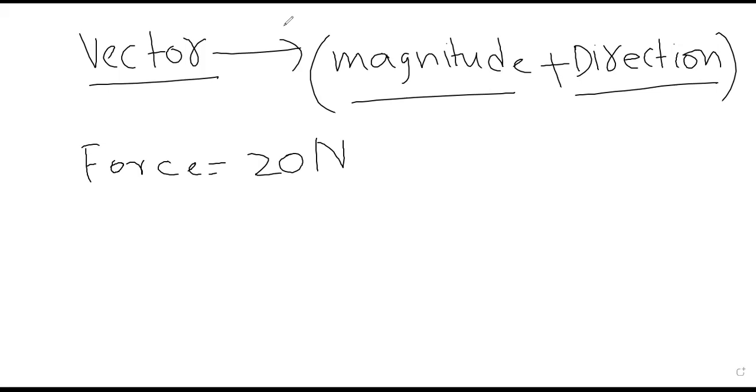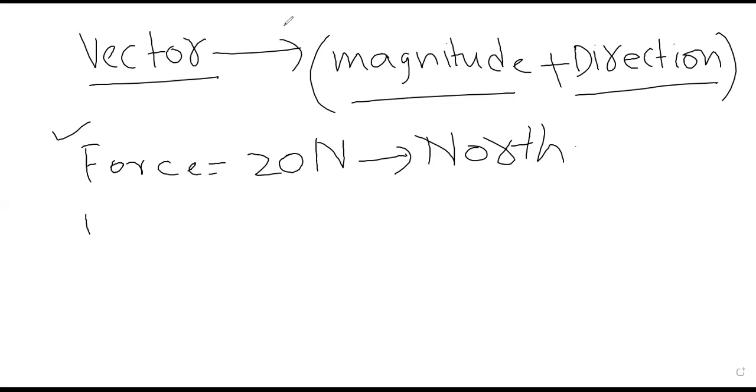But for complete description of this physical quantity, we must need its direction, that in which direction the force is going to be applied. If I say that force of 20 Newton is applied towards the north direction, so this physical quantity now is a complete physical quantity and it is termed as a vector.